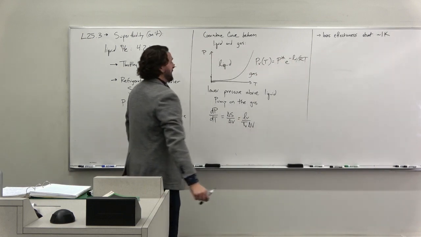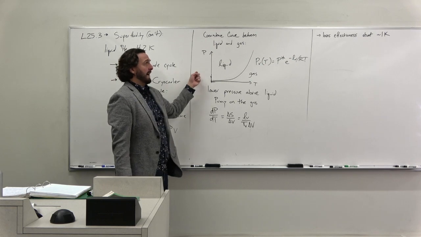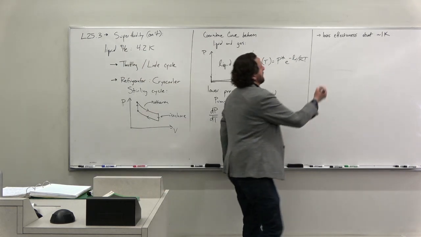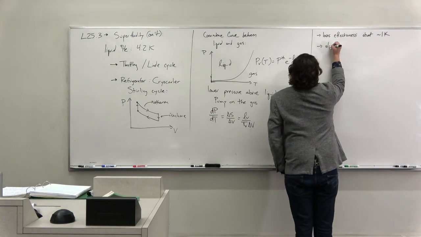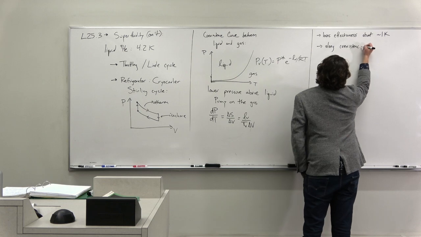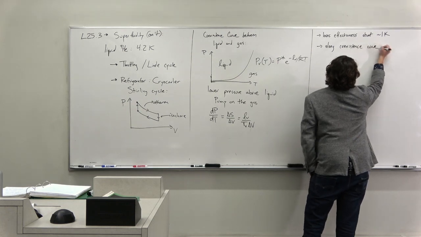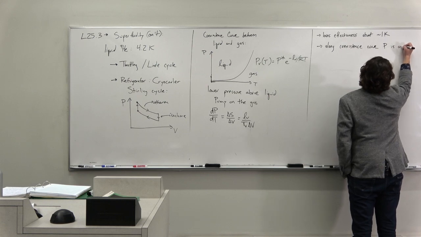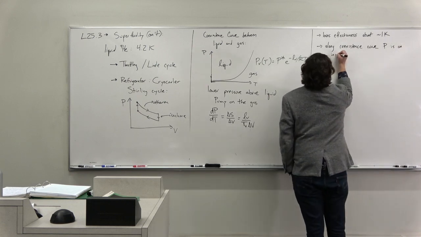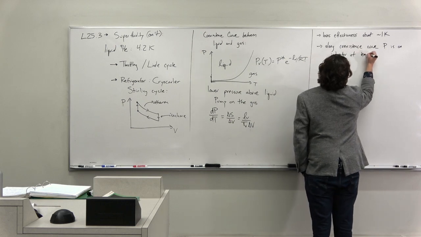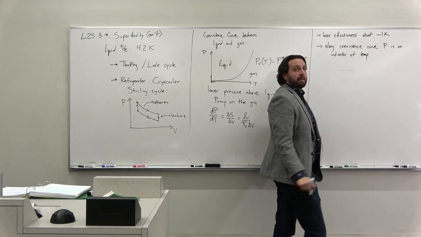Okay, one other thing I want to point out about this, though, is actually, if you're along this coexistence curve, the pressure is an indicator of the temperature. What do we call this?